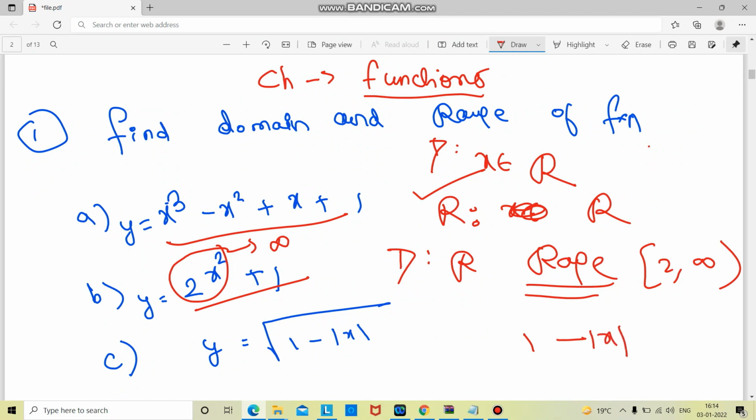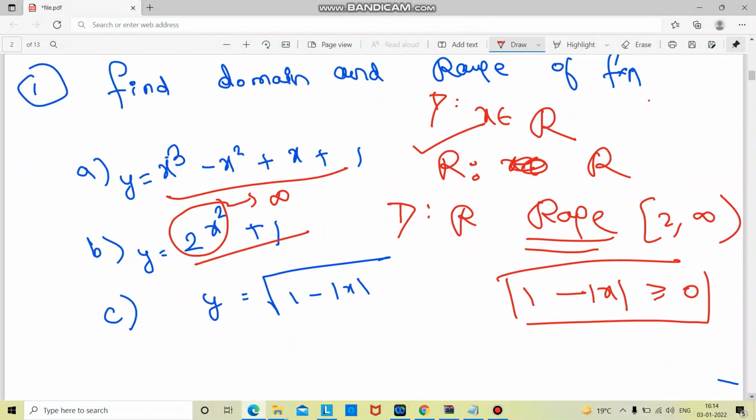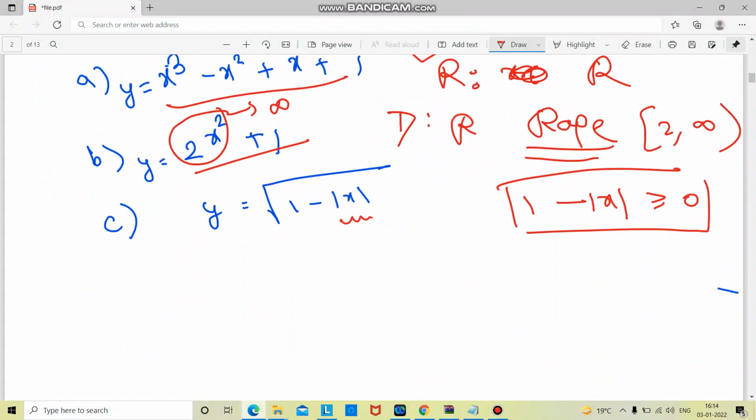Now for calculation of this domain you have to solve this, and its range would be, this term is always positive or 0. Maximum it can be 1 and minimum it can be 0. So the range is 0 to 1.